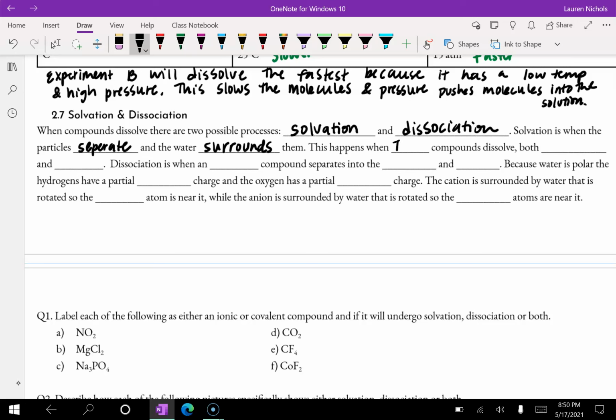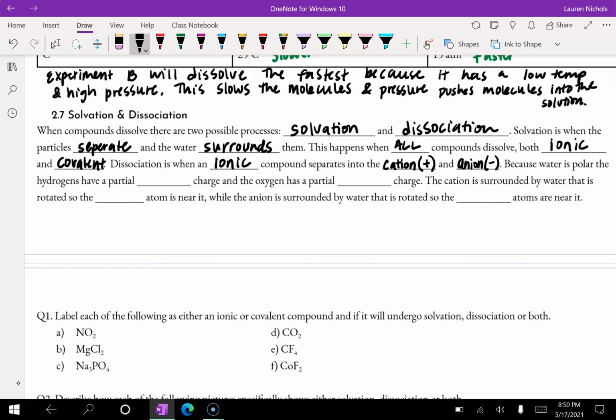And this happens when all compounds dissolve. So every time you have something dissolve, solvation happens. And this means it's both ionic and covalent compounds, so both of them. Now, dissociation is when an ionic compound separates into the cation, which remember, cats have paws, so cations are positive, and the anion, which is negative.